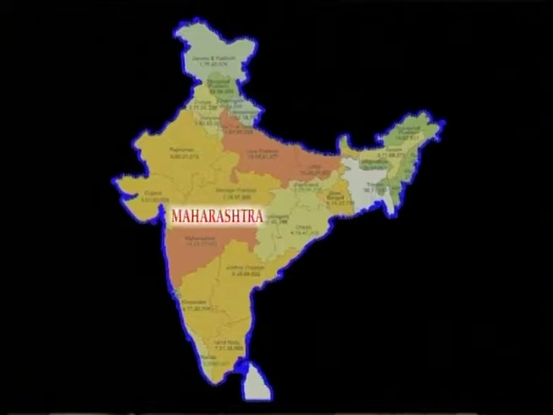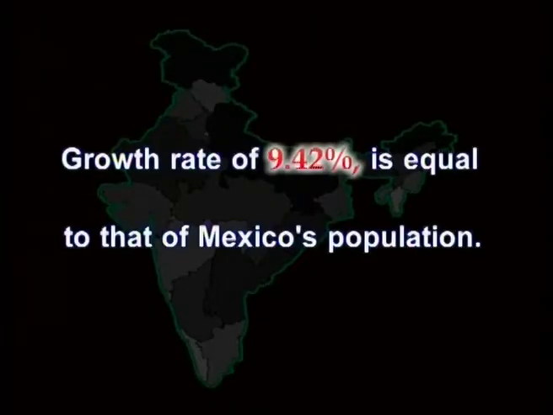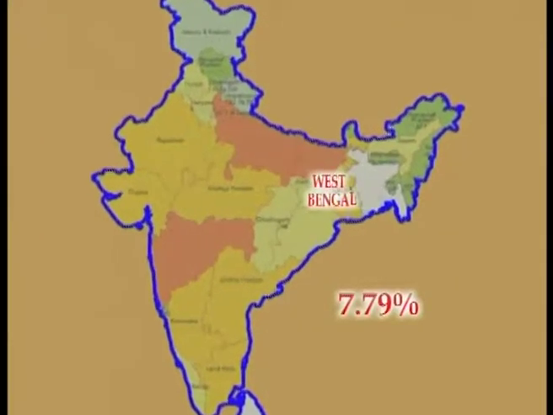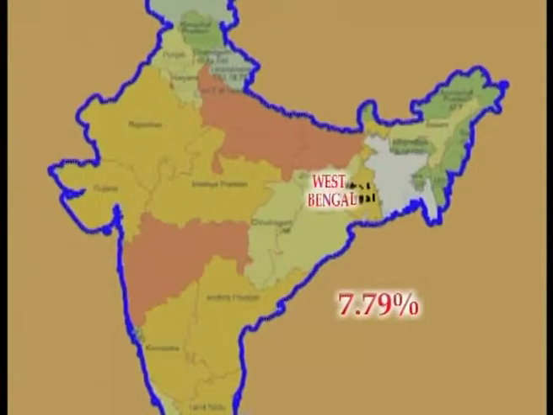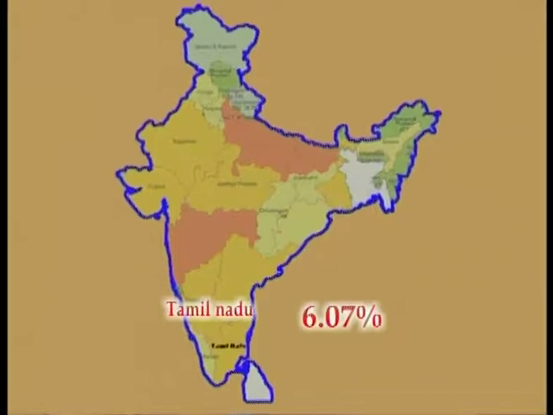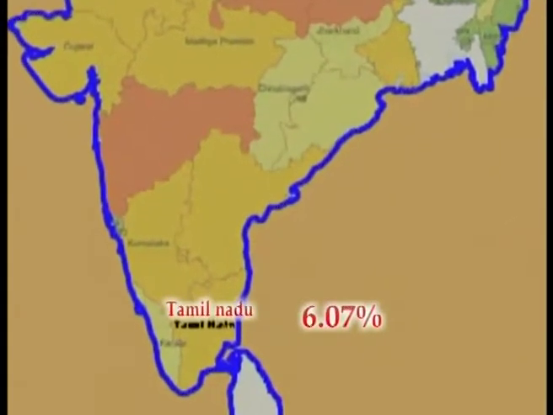The population of the second most populous state, Maharashtra, which has a growth rate of 9.42%, is equal to Mexico's population. Bihar with 8.07% is the third most populous state in India and its population is more than Germany's. West Bengal with 7.79% growth rate, Andhra Pradesh with 7.41% and Tamil Nadu with 6.07% are at 4th, 5th and 6th position respectively.